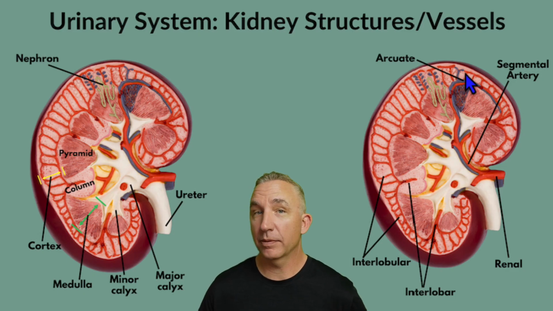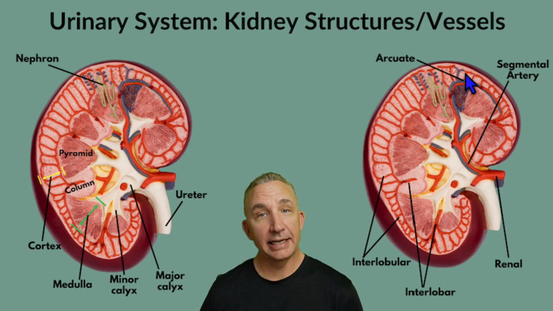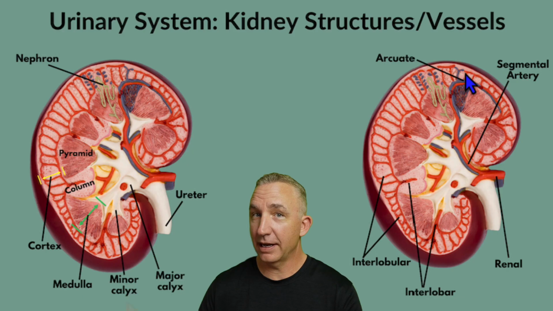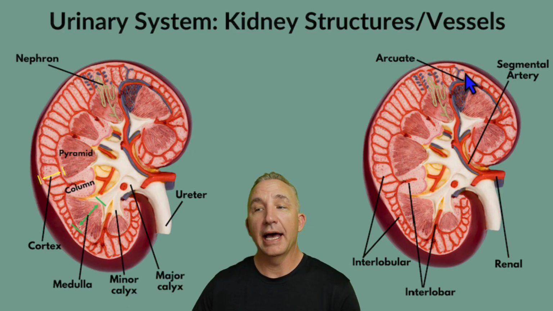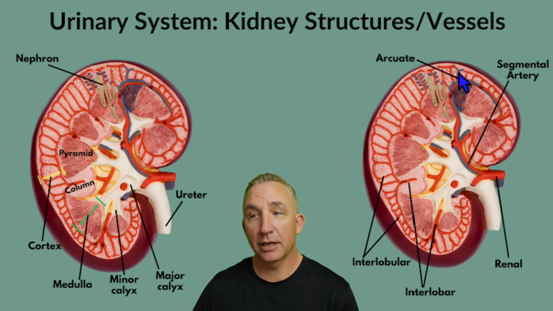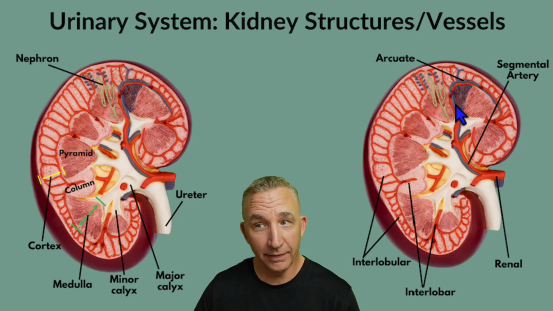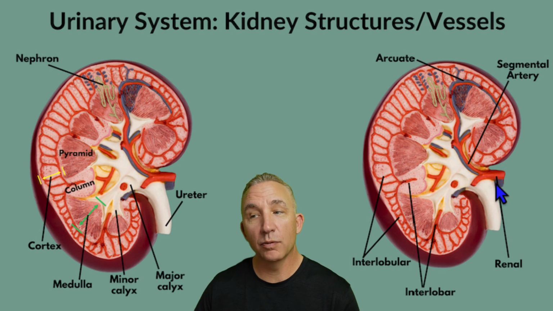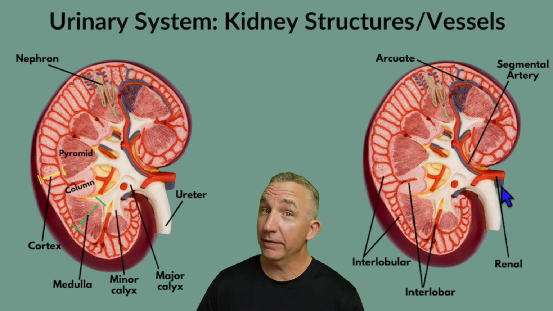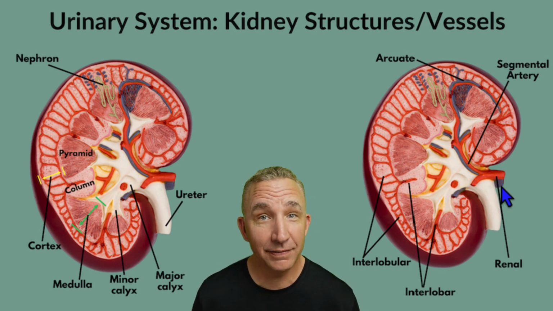Now I finally hit where I'm going to go through arterioles to get into the nephron. I got into the nephron, I start to filter out, and then what I filtered, the blood's going to come back through my interlobular vein, my arcuate vein, and then down through my interlobar vein, ultimately reaching my renal vein that'll hit my inferior vena cava, and I'm back into the cardiovascular system.